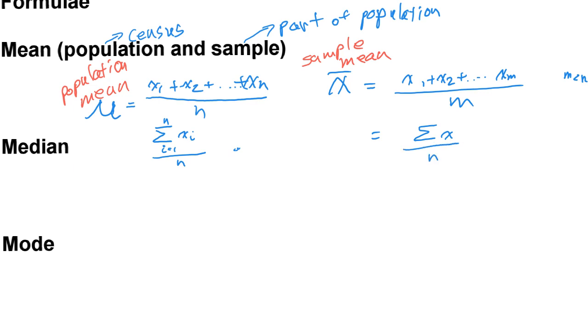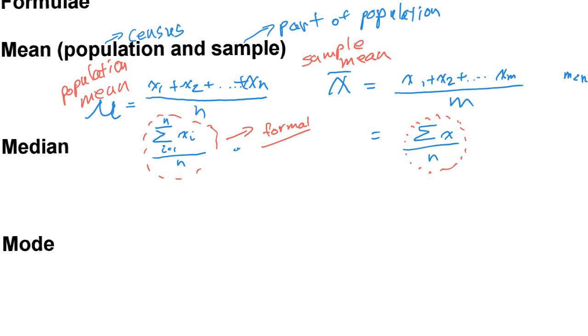Now, this one, the way I've written it, this is the formal version of the mu, the population mean. This is what most mathematicians write when we're doing our calculations, okay?